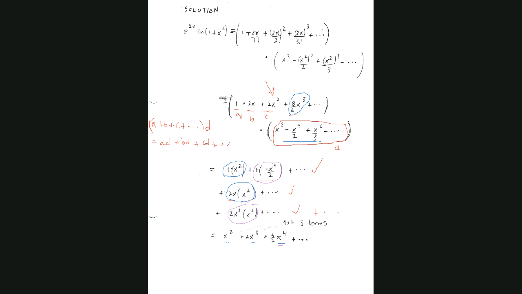Oh, Robin asks why 3/2. Okay, so this term here is negative 1/2 x to the 4th, right? Negative 1/2 x to the 4th.